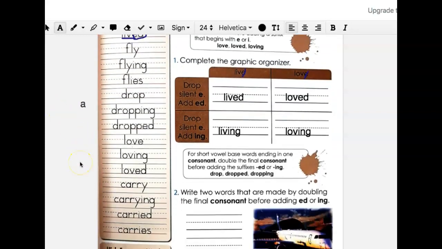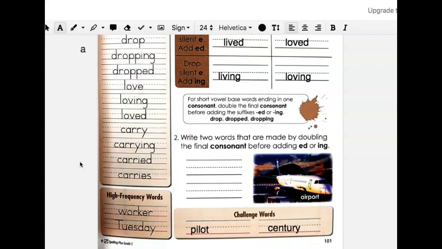Let's move on to our second spelling rule of the day. The second rule says, for short vowel base words ending in one consonant, double the final consonant before adding the suffixes ed or ing. For example, the word drop has a short vowel sound and ends with one consonant P, just like it says in our rule.